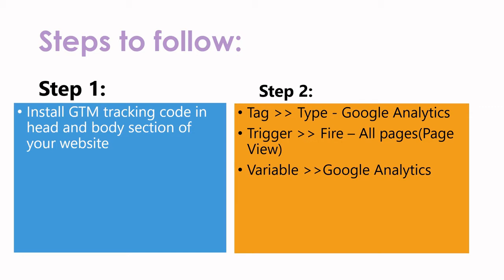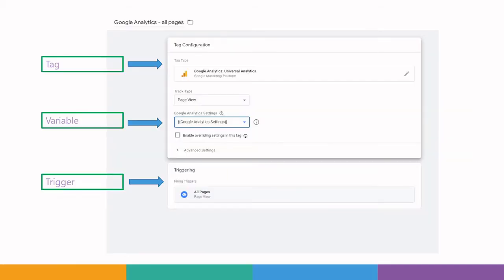Moving on to Google Tag Manager, you have three things which need to be set up to start tracking: the tag, trigger, and variable. These are the basic things which you need to set up on your Google Tag Manager account. Here the tag is Google Analytics Universal Analytics Tracking, and the variable is a built-in variable, the Google Analytics settings.